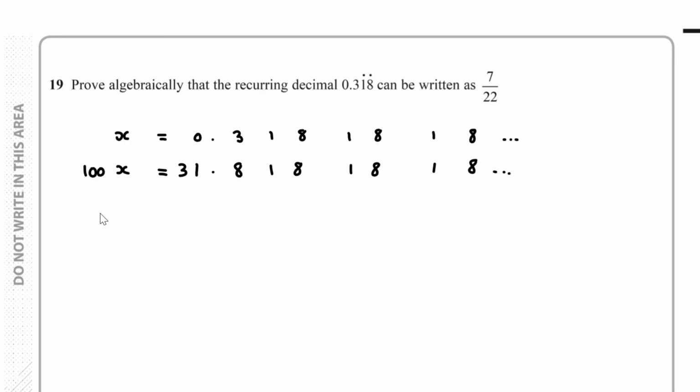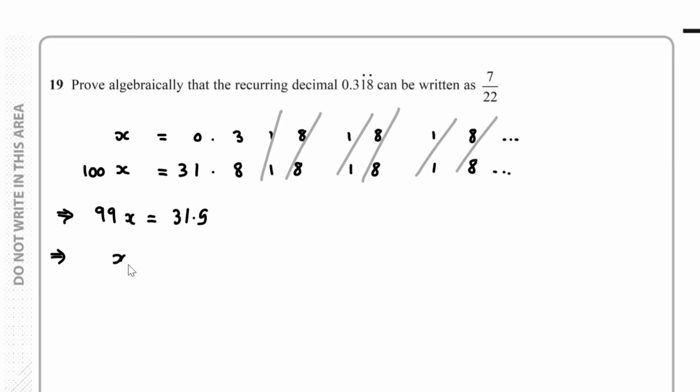So now if we subtract these together, 100x take away x, that's 99x. Okay, so we've got 99x, which is equal to, well, we think about which values cancel. Well, this cancels, this cancels, this cancels, etc. So we've got 31.8 take away 0.3, which is 31.5.